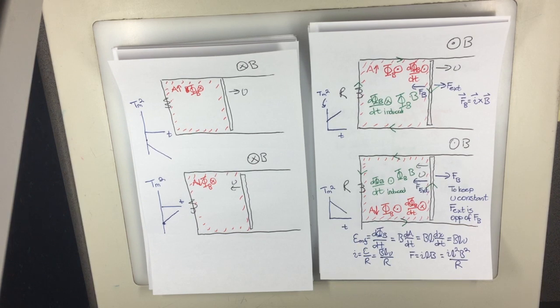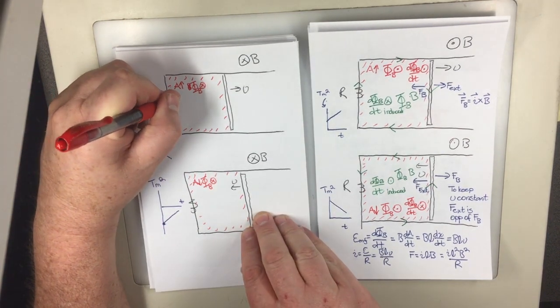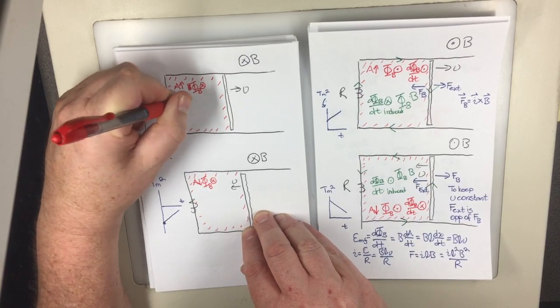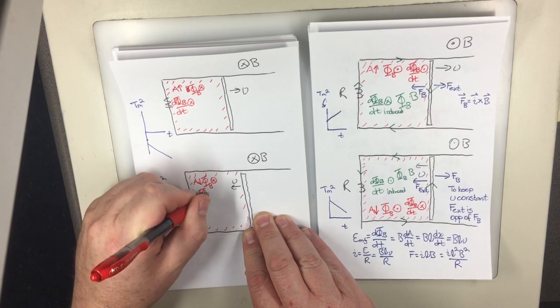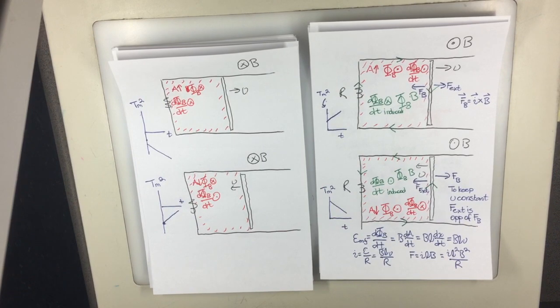That slope is the change in magnetic flux with respect to time. So here, the dΦB/dt is into the page, the dΦB/dt is out of the page. It's according to the slope.